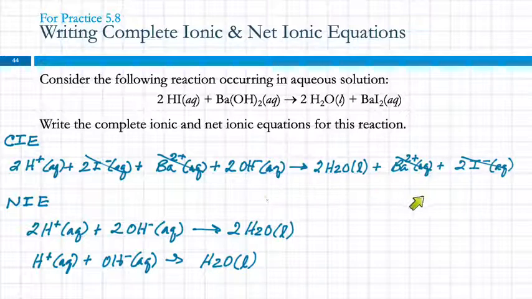So those show up in the complete ionic equation because they were there. But they weren't involved in becoming a solid, or a liquid. So here, hydrogen ion and hydroxide ion came in separately, but they became a unit at this party, right? So they became a water molecule. So they were changed.